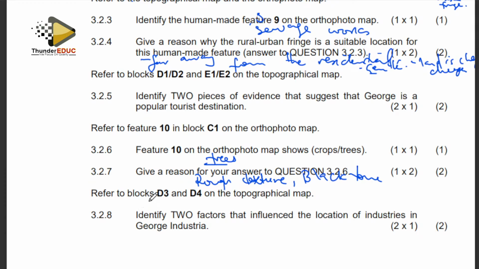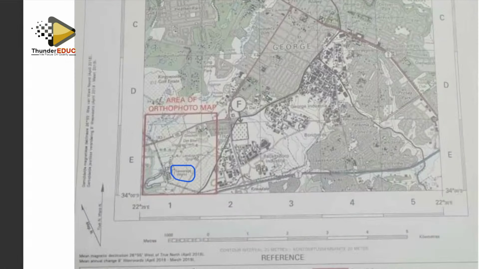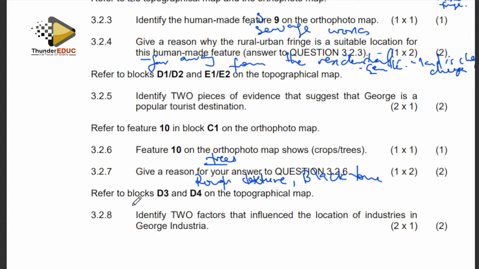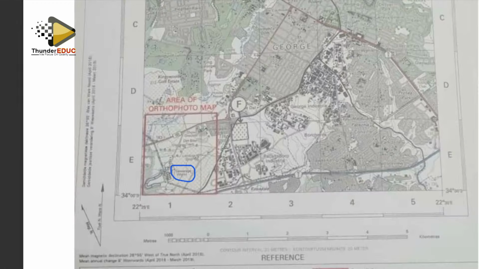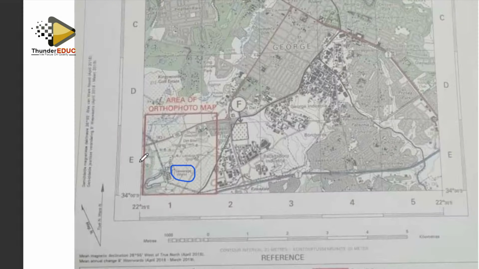Then refer to block D3 and D4 on the topographic. So that means this time around we are using the topographic. Identify two factors that influence the location of the industries in George. We say D3 and D4. Come here.